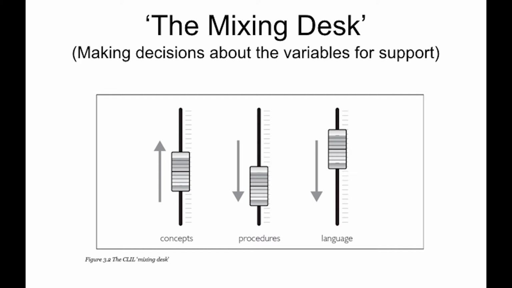The idea being that in any given lesson, and preparing for any given lesson, a teacher can vary the amount of support by increasing support for concepts, for example, increasing support for procedures, for example, if it's the first time students have ever done an activity like this, or by lowering the support for language if students don't need so much support. So you can vary all three of these buttons, these levers on the music mixing desk for the three dimensions of CLIL. The best context to understand how this works is by looking at a specific example.